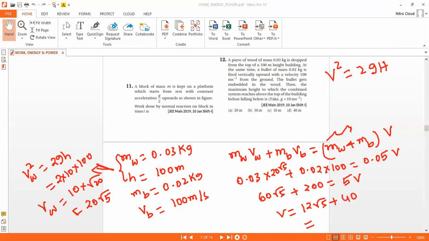How much? Root 5 is approximately 2.23. 12 times that, so approximately it is 66.76.